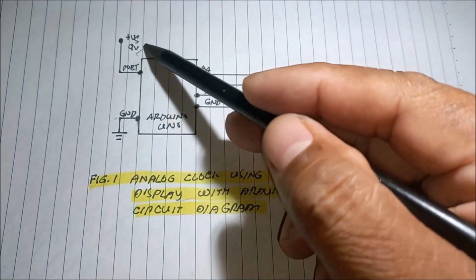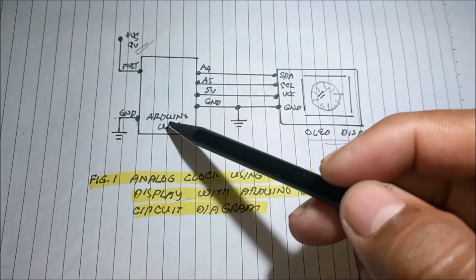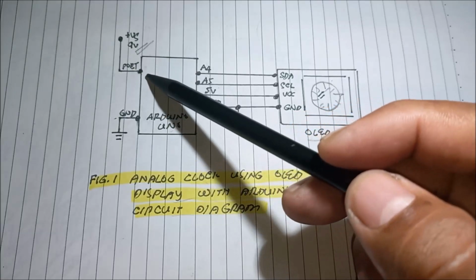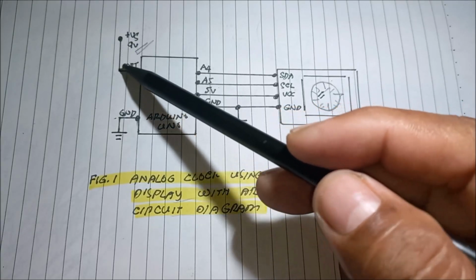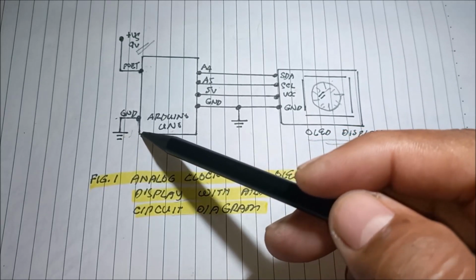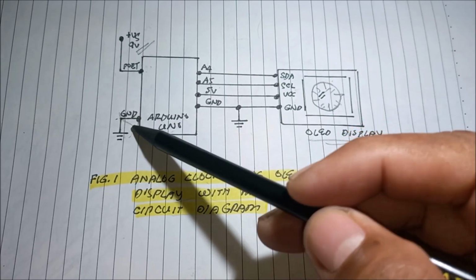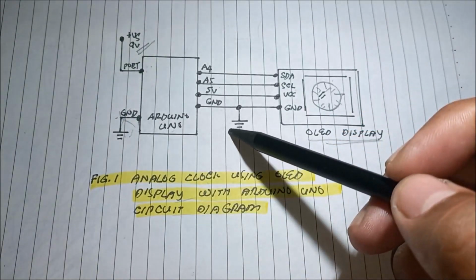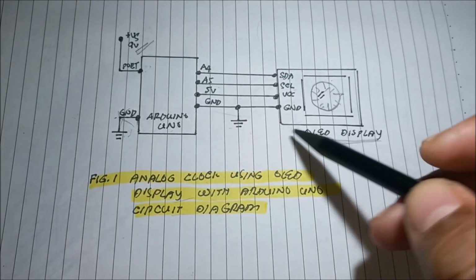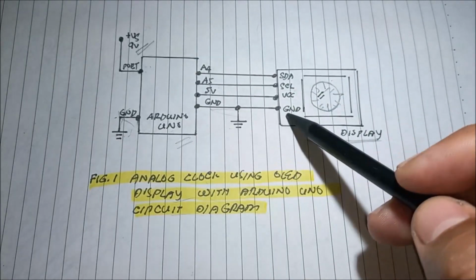And we are using 9 volts for the supply of the Arduino Uno, with the positive connected to the port and the Arduino grounded. Here the wirings between the OLED and Arduino Uno are ground to ground.